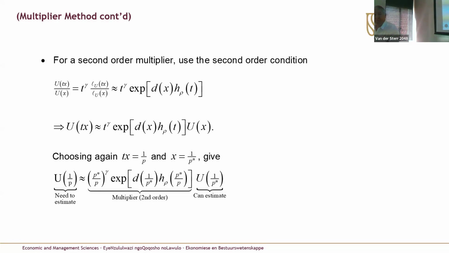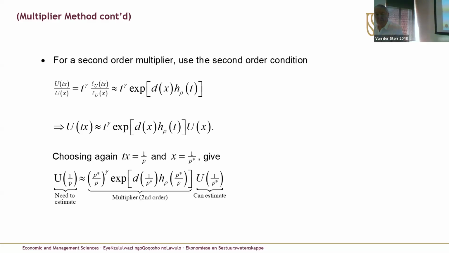For second order, we just use what we've seen, where we get this added to T to the gamma. So L U T X over L U X can be approximated by that, and then U T X is approximately this.